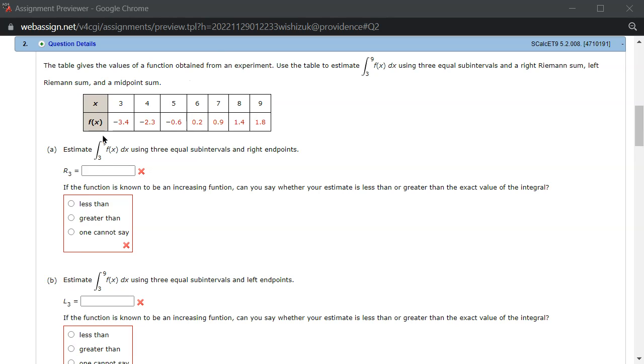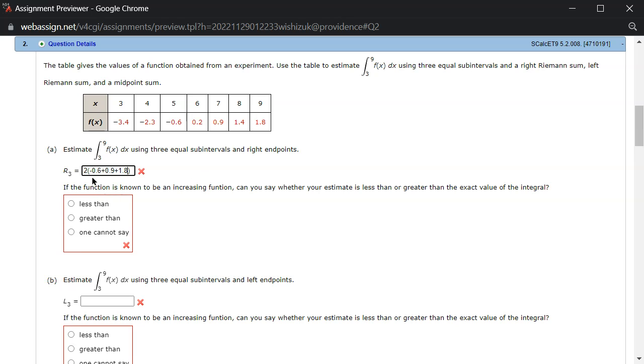If you're looking at the right endpoint, it's going to be 3 to 5, 5 to 7, 7 to 9. So the right endpoint sum is going to be delta x, which is 2, multiplied by negative 0.6, plus 0.9, plus the last one, 1.8.